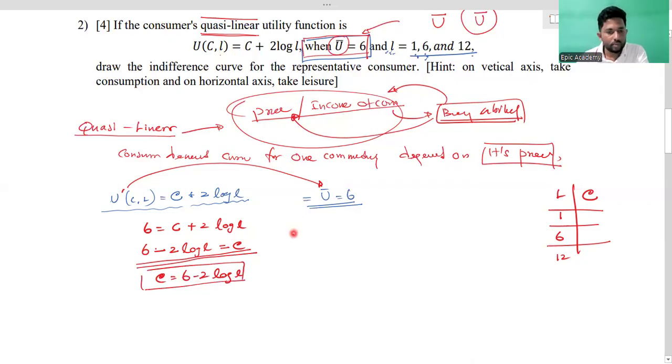So first of all, take the first value, L equals 1. C equals 6 minus 2 log 1.